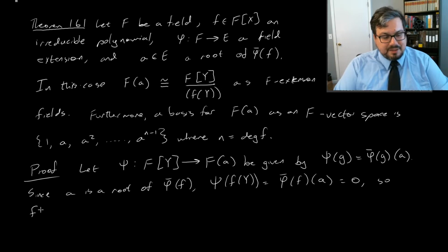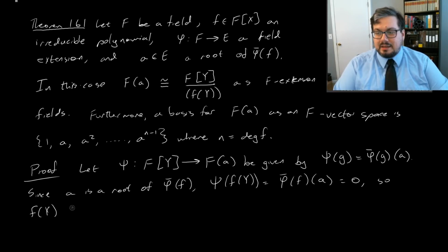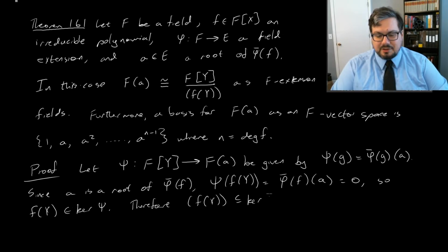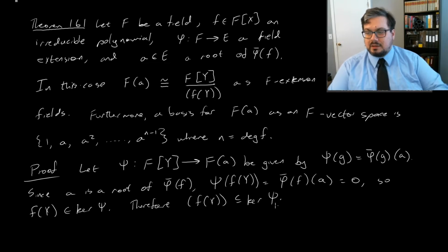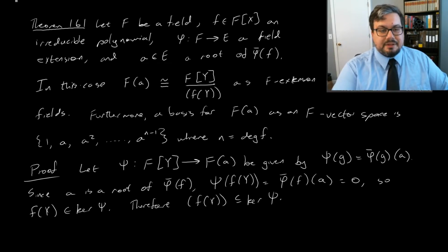And so we have that f of y is in the kernel of psi. Therefore, the ideal generated by f of y is a subset of the kernel of psi.